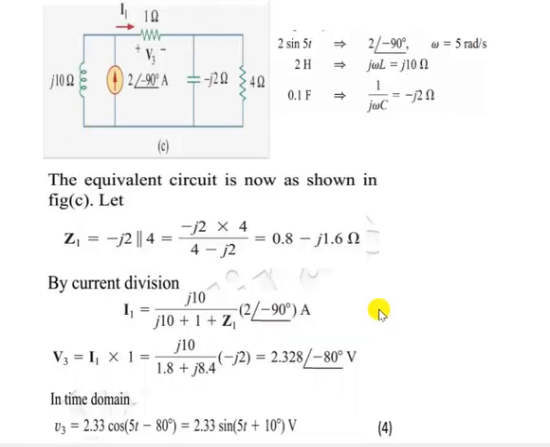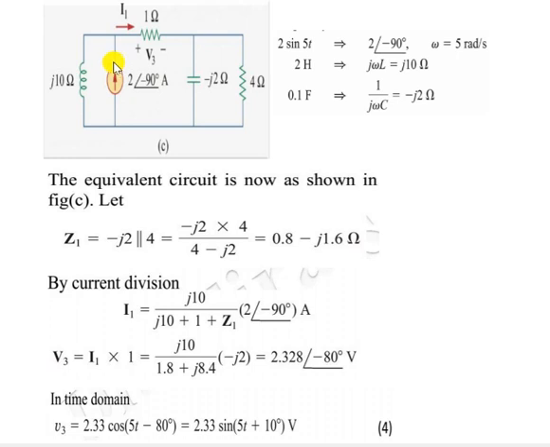Now if we apply current divider rule, by current division what we can write, this Z1 will be in series with this 1 ohm. Then this current is divided into two parts, and this I1 is flowing through 1 ohm resistance as well as through the Z1.